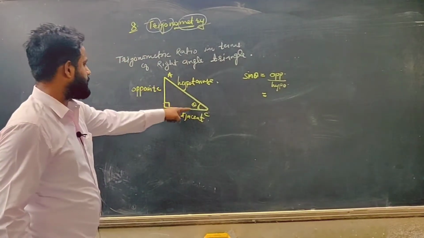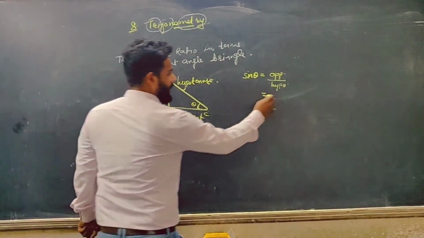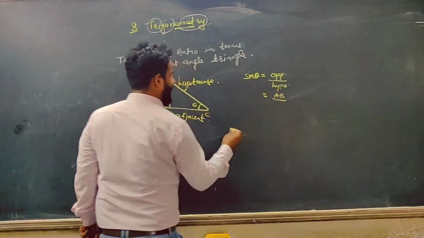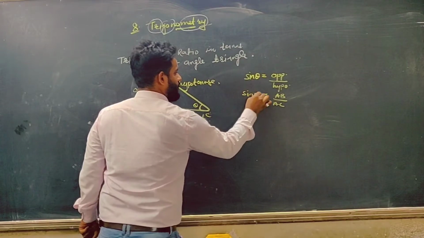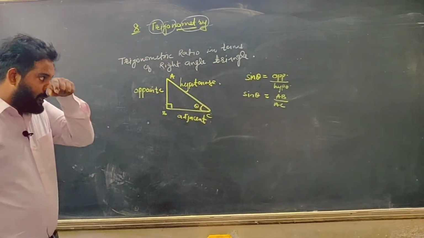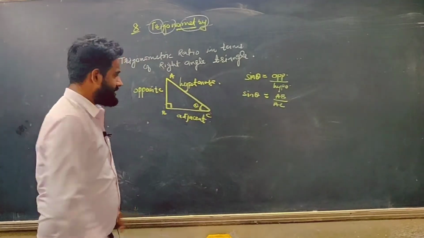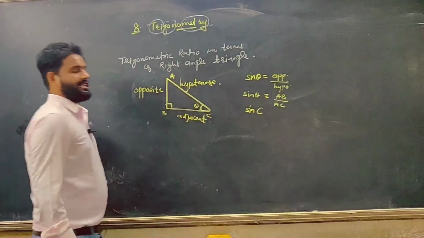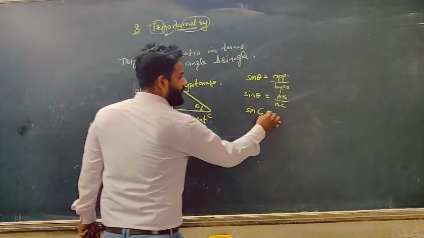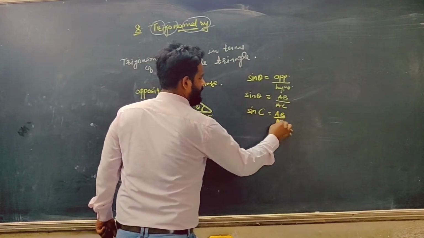AB. So AB upon hypotenuse. What is the hypotenuse? AC. So sin theta is equal to AB upon AC.